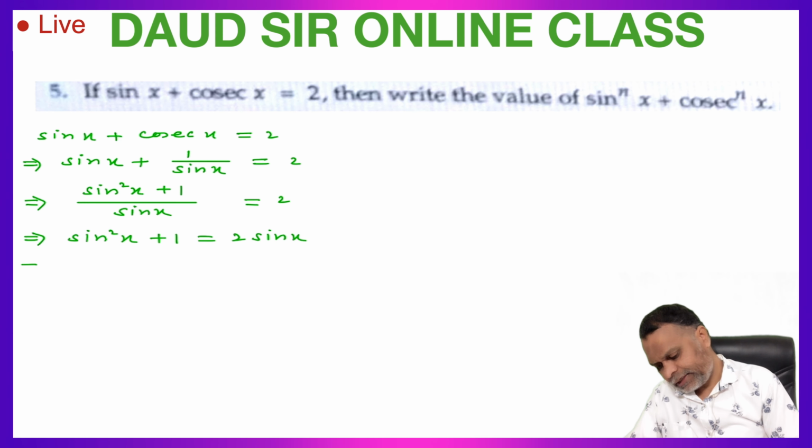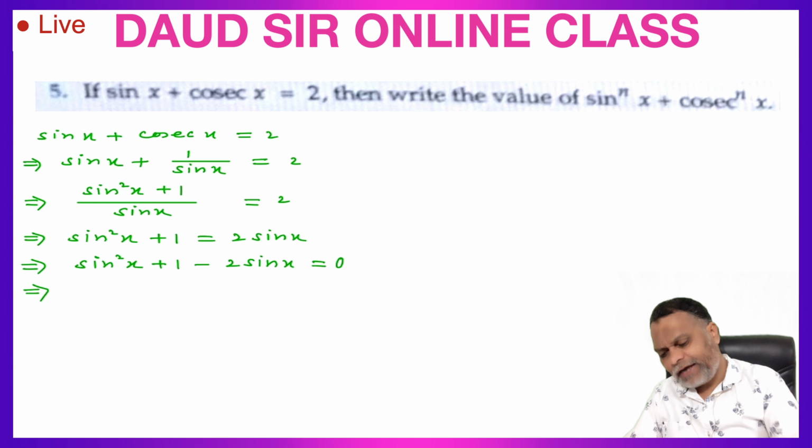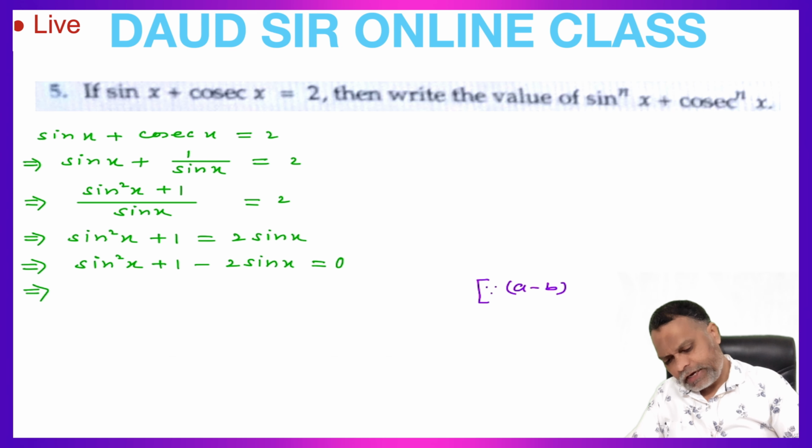Shift this 2 sin x to this side. So sin square x plus 1 minus 2 sin x is equal to 0. Here we can apply the identity a minus b whole square is equal to a square plus b square minus 2ab.